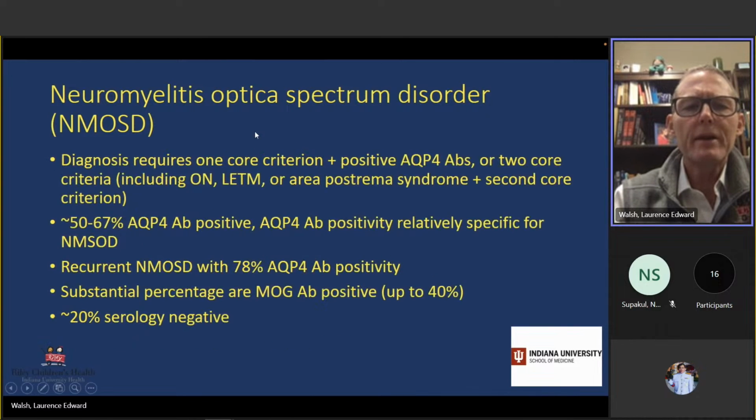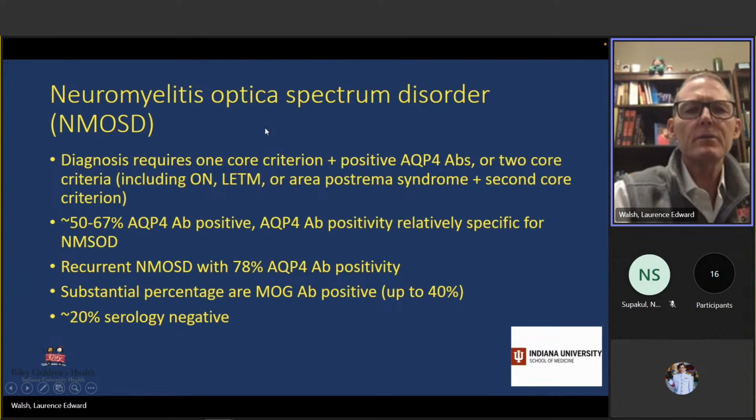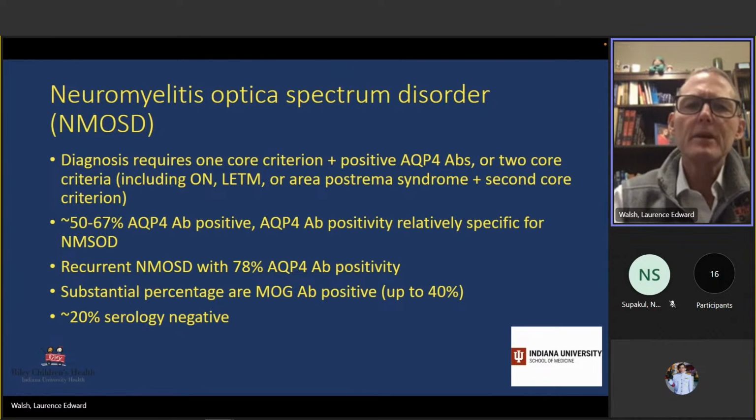As Dr. Wu pointed out, diagnostic criteria, you have to have one core criterion, and really it's these three. His slide's better than mine is, so I'll leave that alone. And then of these, about 50% to 2/3 are aquaporin antibody positive, and if you've seen it, those don't show up in a lot of the other disorders.